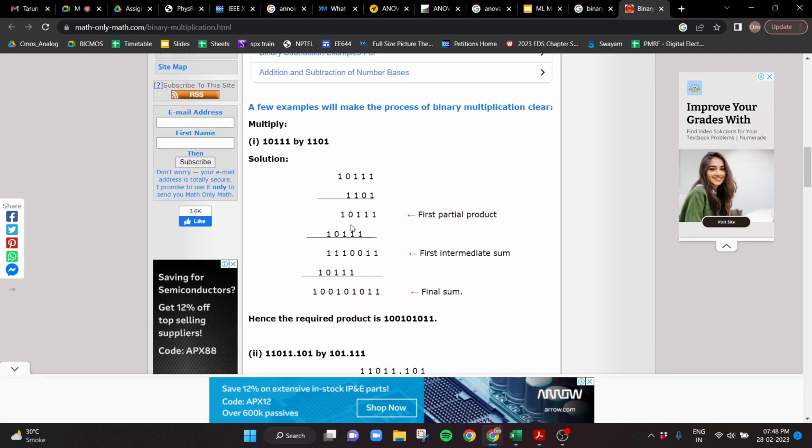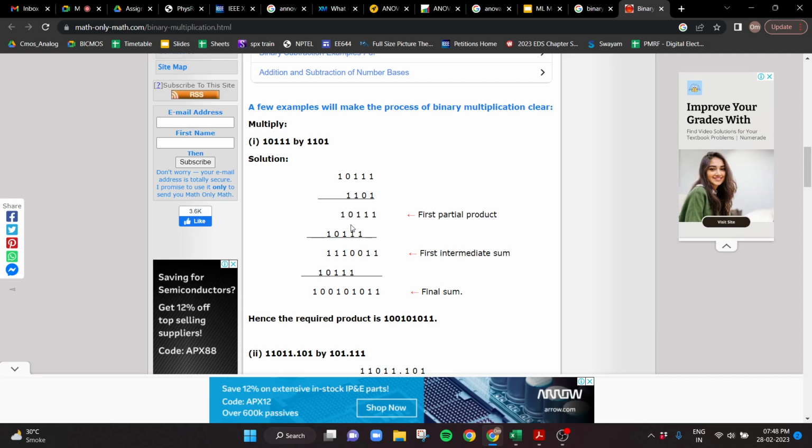Okay, so according to this, we can do that, but I'm not sure about it. I've never used this technique. I always used to convert it to decimal and then do that. But here, what they're saying is if we have 10111 and 1101 to multiply, we do it like normal multiplication.